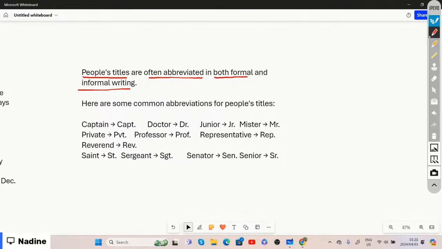Like for example, if you go to the doctor, right? And then it says that I'm going to see, for example, Dr. Abrams, right?